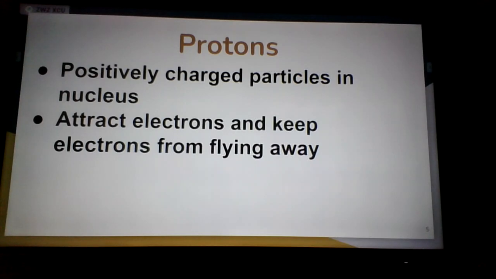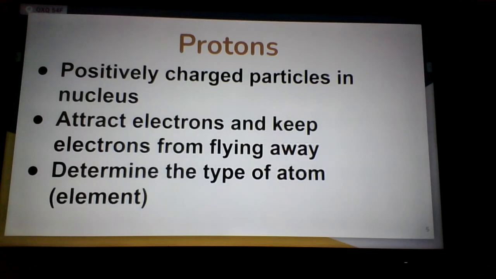The protons are going to draw the electrons in, but again, think more like the planets orbiting the sun. The electrons are also rotating and revolving around the nucleus of the atom, and they're moving very fast, but that electrostatic force that's attracting the protons and the electrons keeps the electrons moving in a circular orbit around the nucleus.